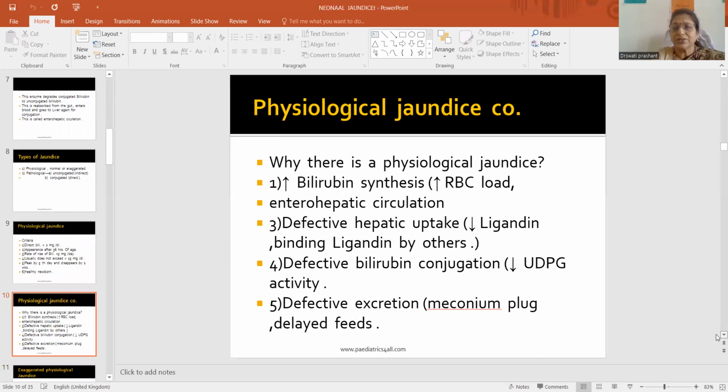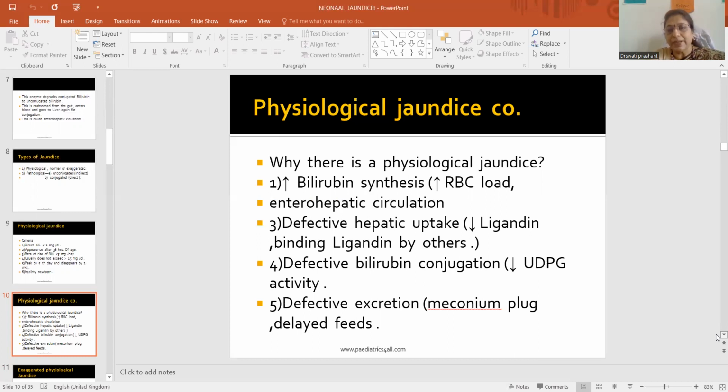Why is there physiological jaundice? First, increased bilirubin synthesis because of increased RBC load, as RBCs are getting destroyed faster compared to adults. Secondly, enterohepatic circulation.